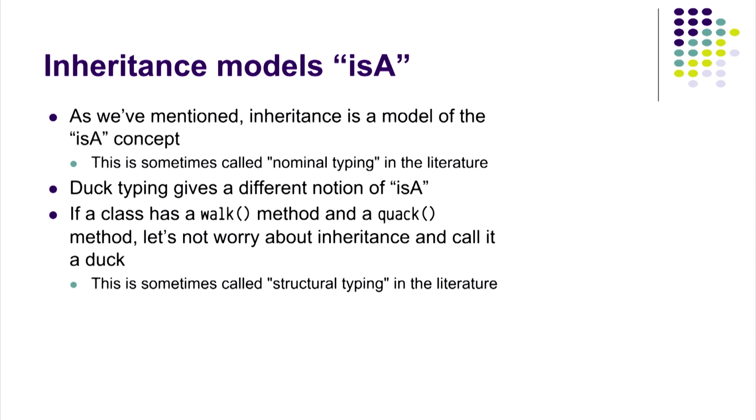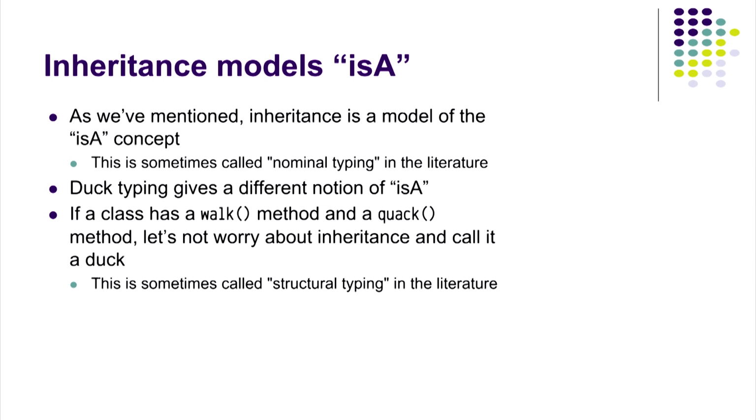Well, inheritance models the notion of ISA. It's a way to model the object-oriented concept of ISA. But we're saying if something walks like a duck and quacks like a duck, then it is a duck. So maybe we don't have to look at the inheritance.